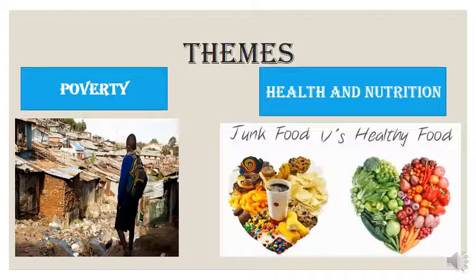and what are the impacts, the negative effects of junk food on our bodies and our brain. It talks about the importance of having healthy food, of exercising, of having a healthy lifestyle.